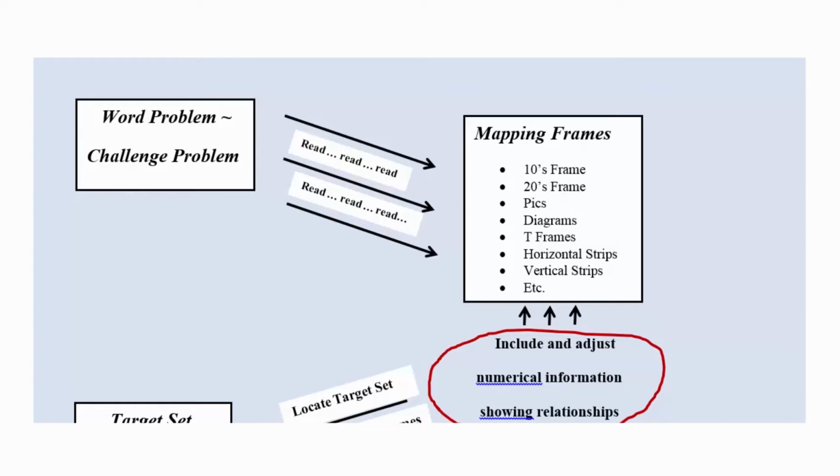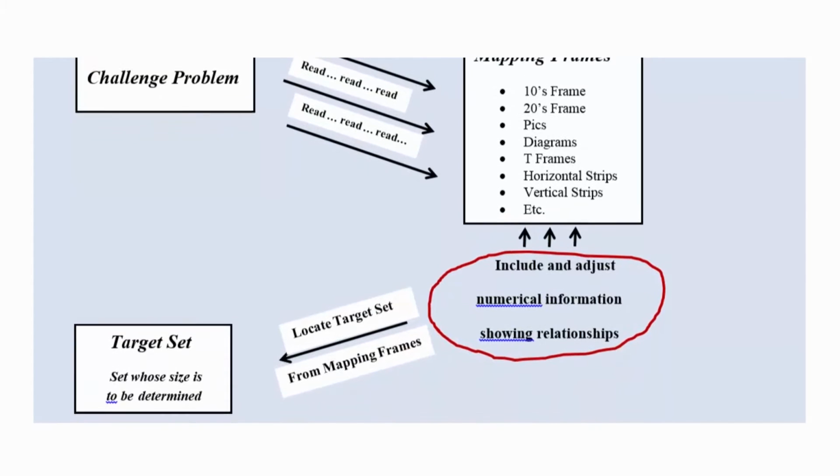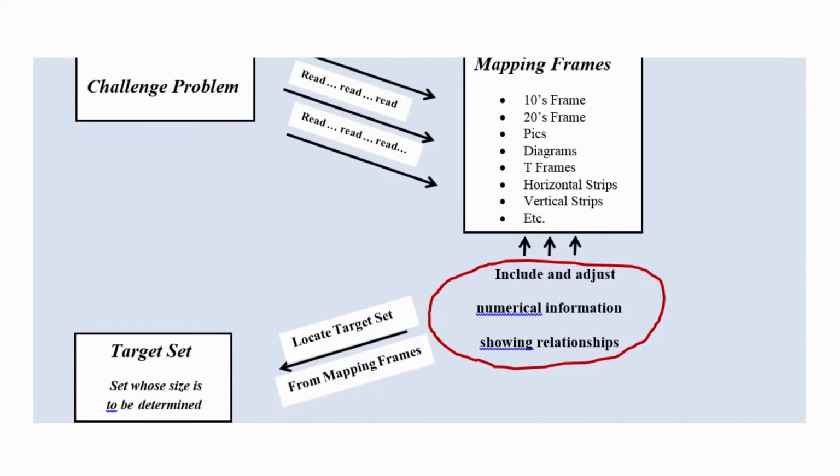Now, once you start putting your mapping frames on a sheet of paper to help give you a picture or a visual of the information that's in printed form, your mapping frames are going to change. Your first picture won't necessarily be your last picture. It'll be a start, just like we talked about in class when we were talking about stacking textbooks into 3 stacks on a floor. The first sentence says there are 3 stacks of textbooks on the floor. Well, your first picture is going to be possibly 3 little rectangles sitting vertically to represent the 3 stacks.